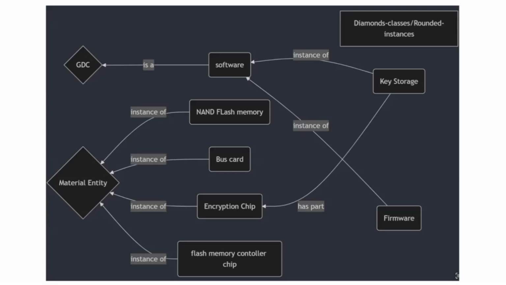Of course, this could be a labeling issue. If we're being charitable, we just look at that and say that what they meant was a specific instance of firmware. And it's useful to have a convention for labeling instances so that they're distinct from the classes under which they fall.